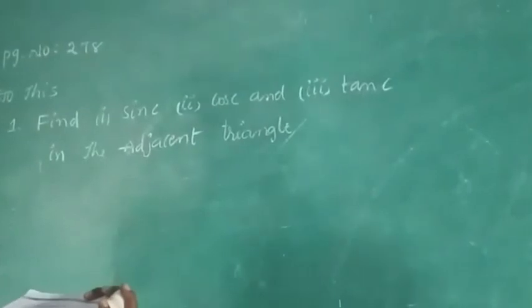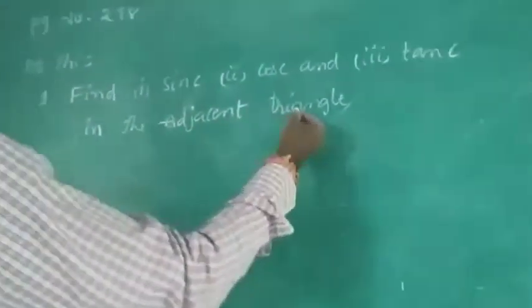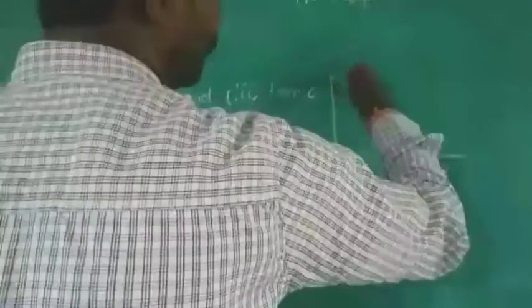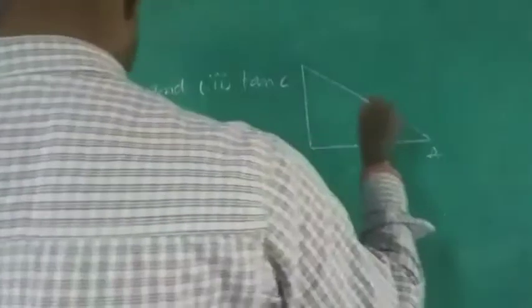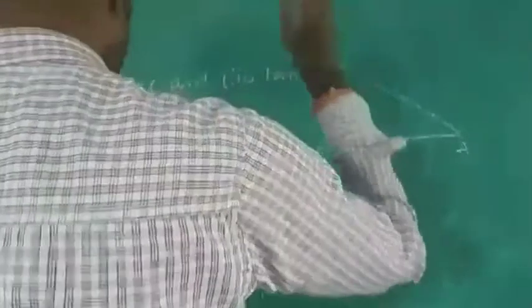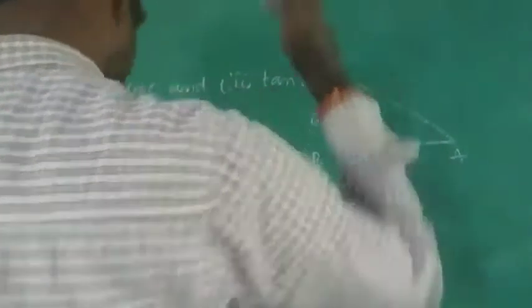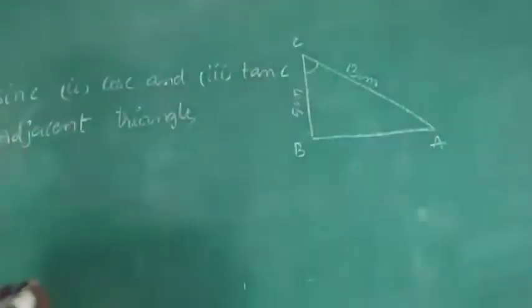Here it is given clearly in the adjacent triangle. This is given: here is B, A, C. Here is given 5 centimeters, here is given 13 centimeters. This is the question given.